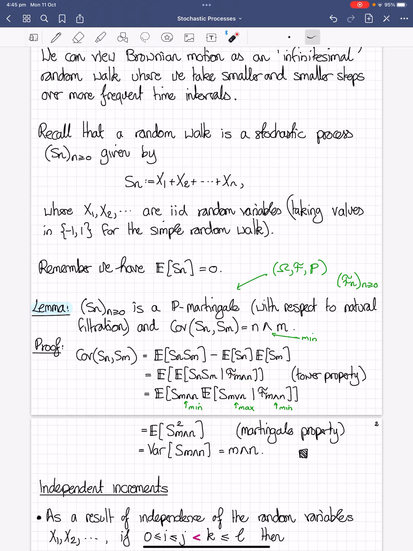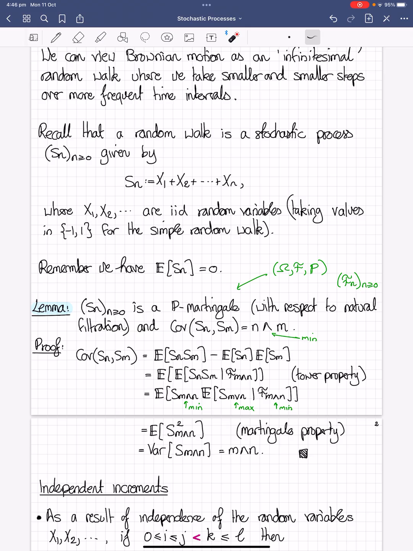This pretty much means that whichever is smaller of the two is the time point up to which we freeze the random walk, and we can pull out the part of the random walk which is frozen up to that point, which is S at the minimum of m and n.